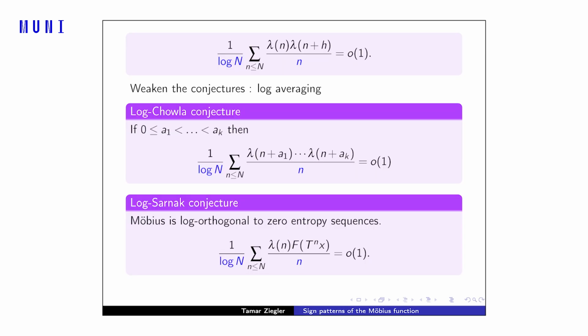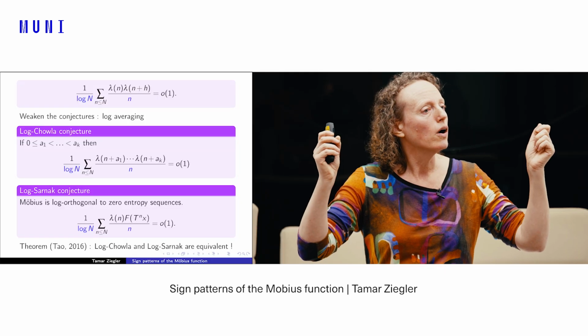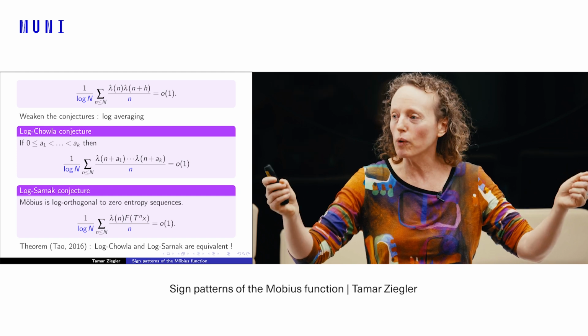And Tao, in the same spirit, using the same idea that he used in the theorem for his two-point Chowla, showed that these two conjectures are actually equivalent.